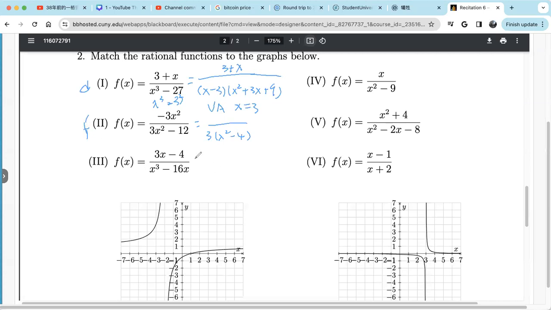The 3 can be factored out as x times x squared minus 16. 16 is 4 squared, so that becomes x plus 4, x minus 4. So we need to find 3 vertical asymptotes: 0, 4, and negative 4.